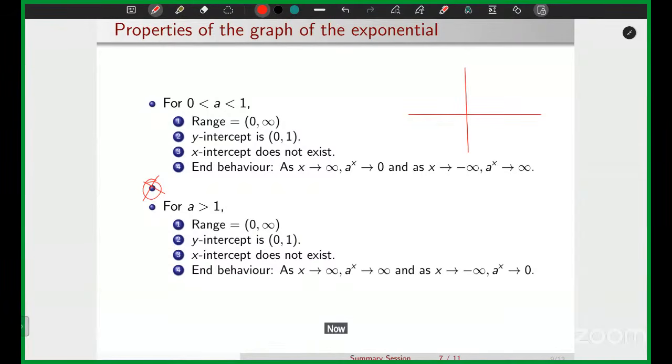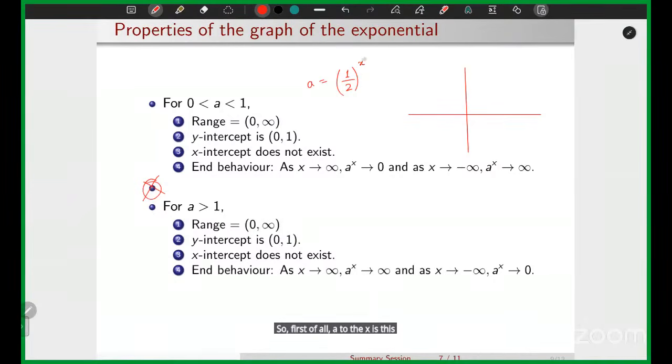Now for a between 0 and 1, let's just take an example, half. What happens if I take x to be a very large positive number? First of all, a to the x is this.